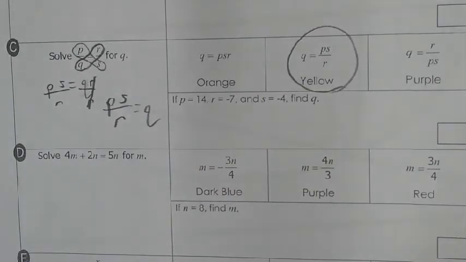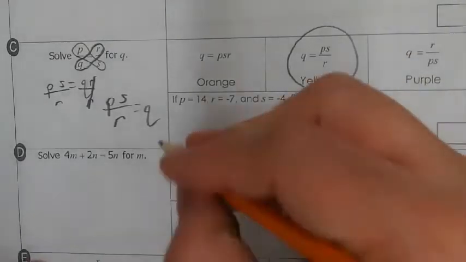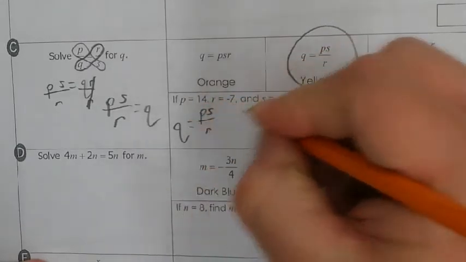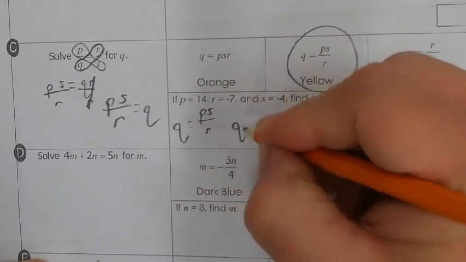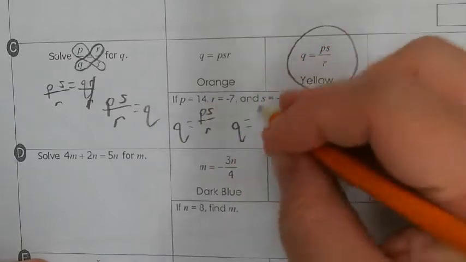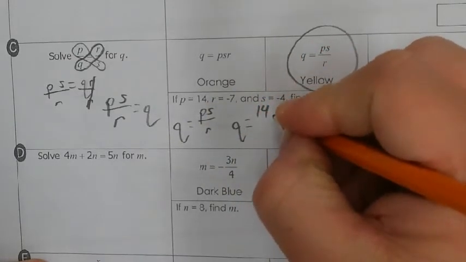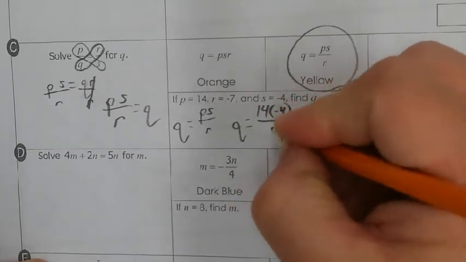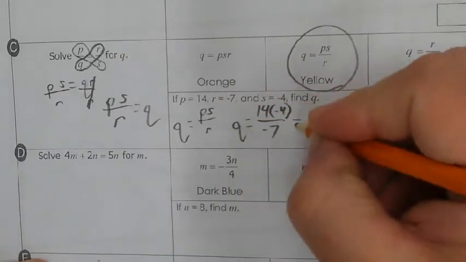No, we're good. Okay, and then we plug it in. We have Q equals PS over R. To plug everything in, that'd be Q equals P is 14 times S. S is -4 over R, -7.